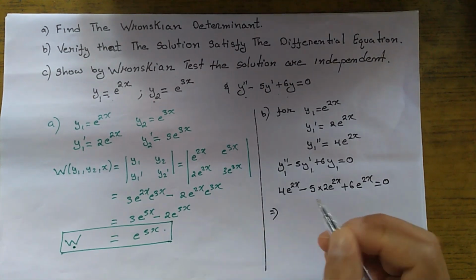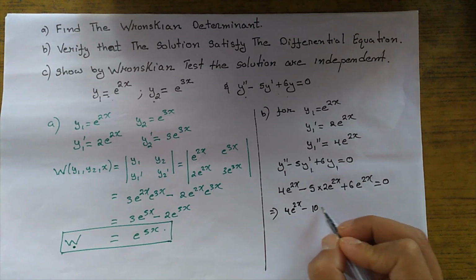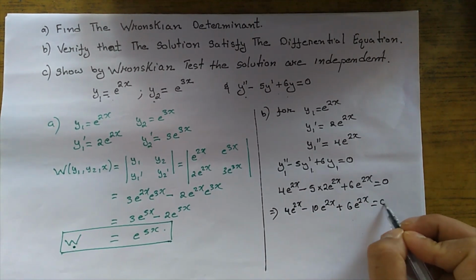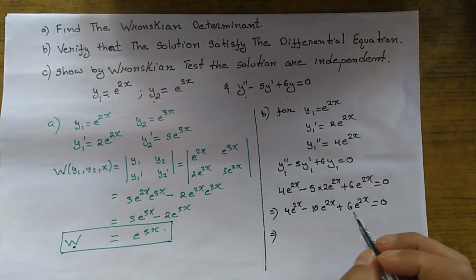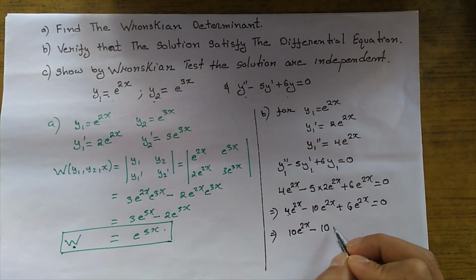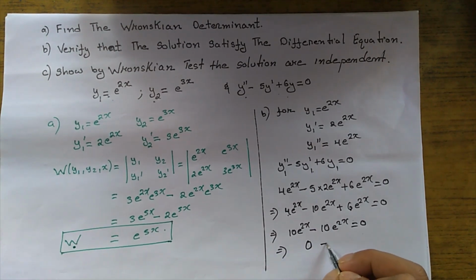This implies 4e^(2x) minus 10e^(2x) plus 6e^(2x). Now we can see that 6 plus 4 is 10e^(2x) minus 10e^(2x) is equal to 0. So this is 0 and this is 0.